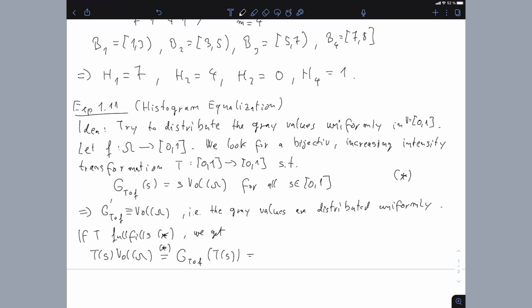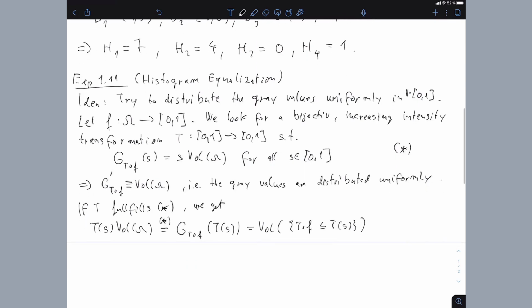And yeah, so by definition of the PDF, this is just a volume where the transformed image is smaller than T of S. Now we make use of the assumption that T is bijective and increasing.